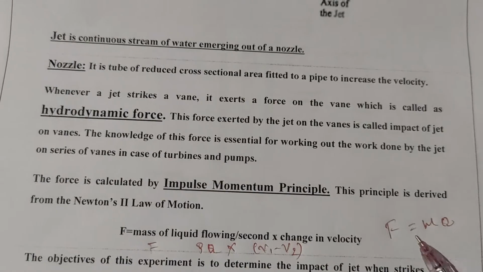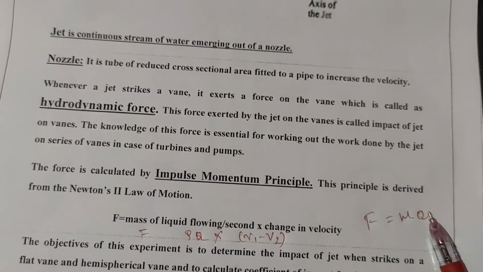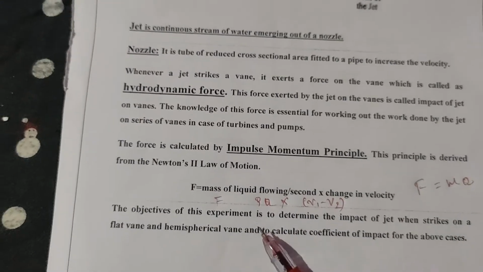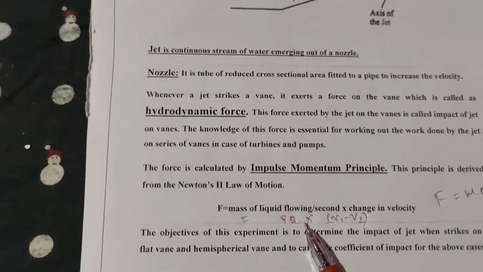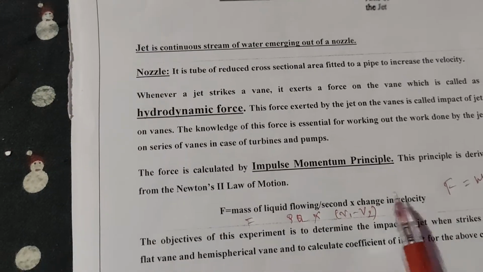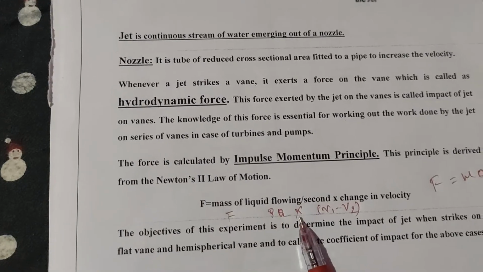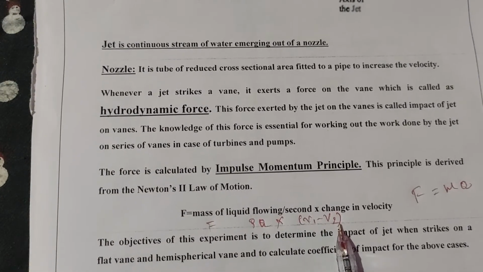That is, we have F is equal to m into a, where a is acceleration. So here F is equal to mass of liquid flowing per second into change in velocity.